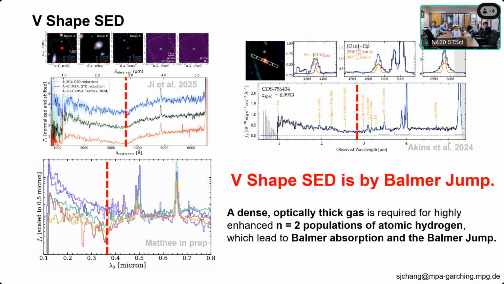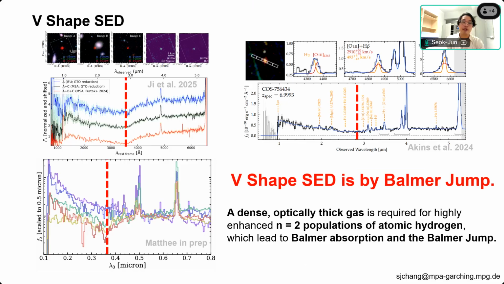It has a jump and then it falls off again. So I'm not sure how the Balmer jump explains the V shape per se. If I saw a ubiquitous jump, I'd say that's pretty convincing, but I'm not sure I know of any red dot that has a jump there.